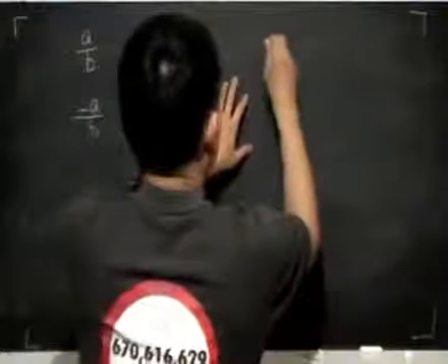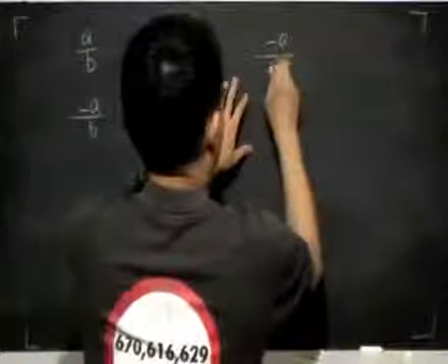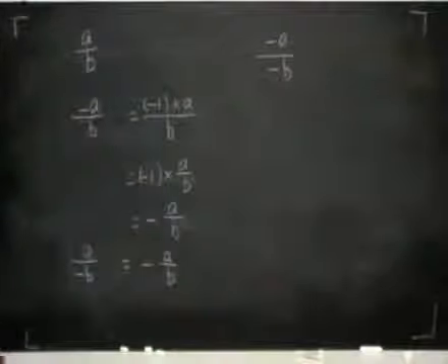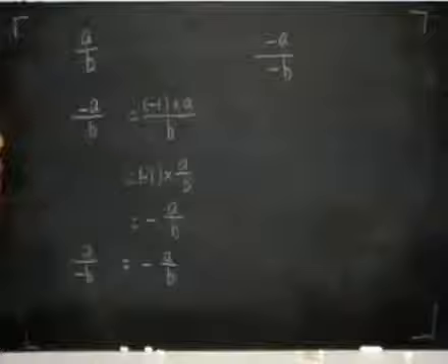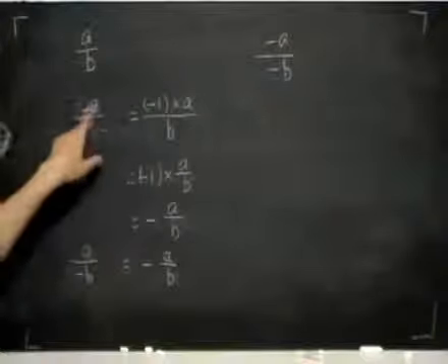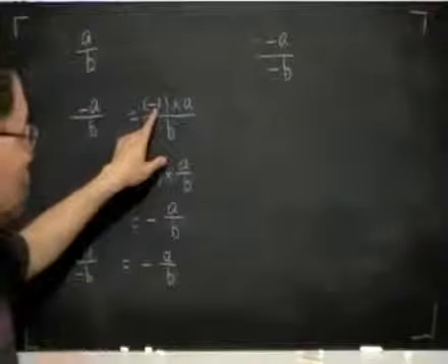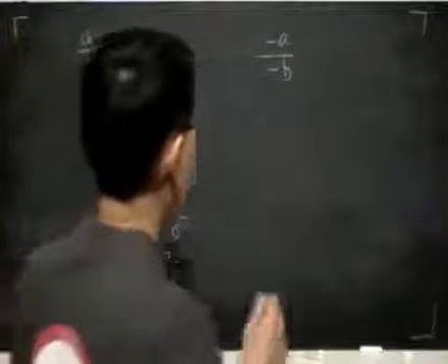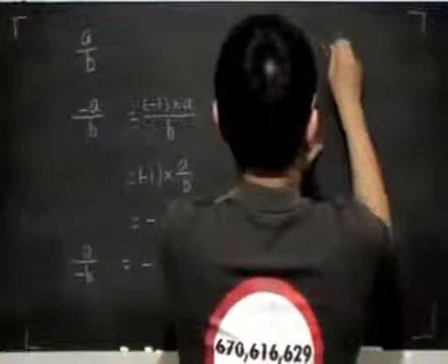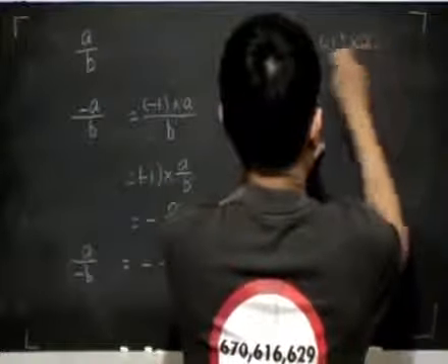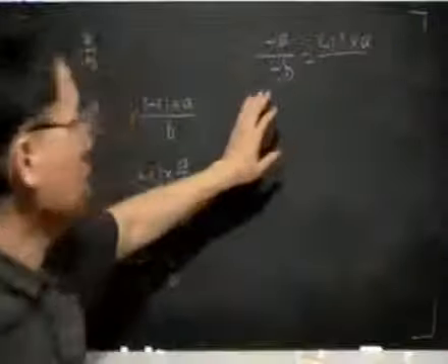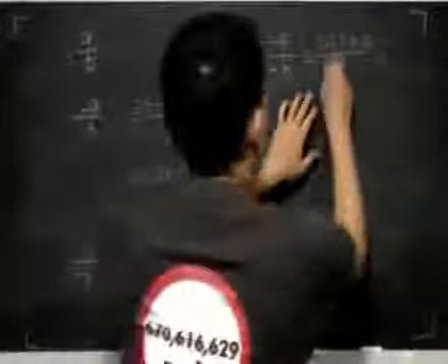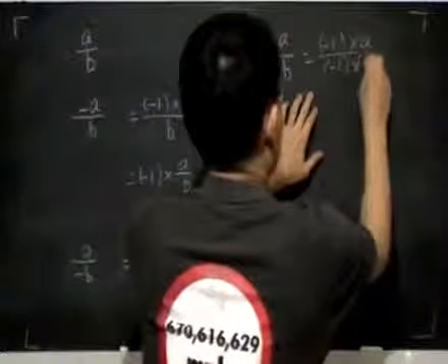Let's look at one more. What if we have minus a over minus b? Right, minus a is the same as minus 1 times a. Let's write that. Minus 1 times a. Likewise, minus b is the same as minus 1 times b.